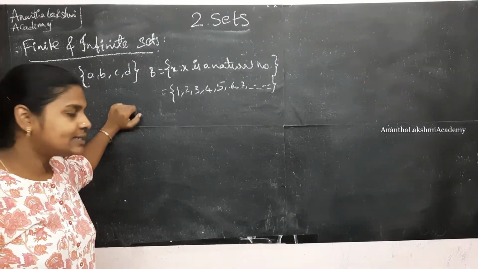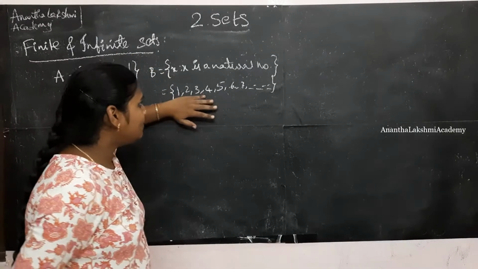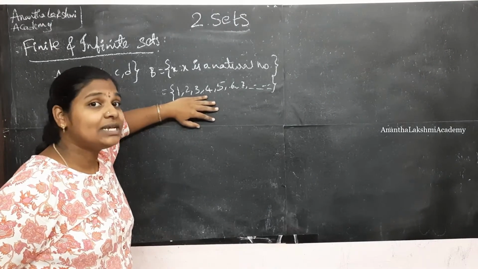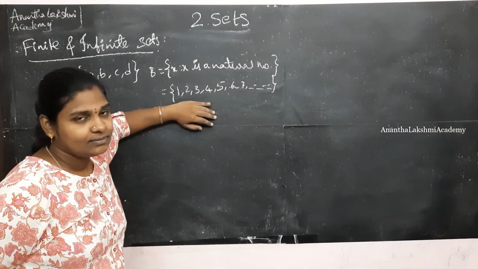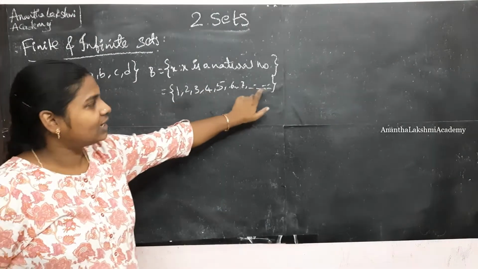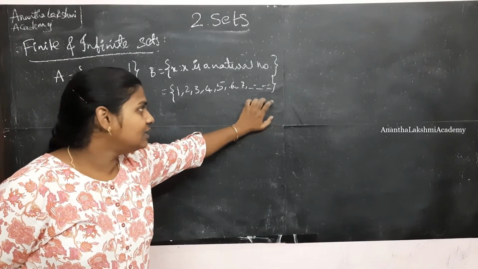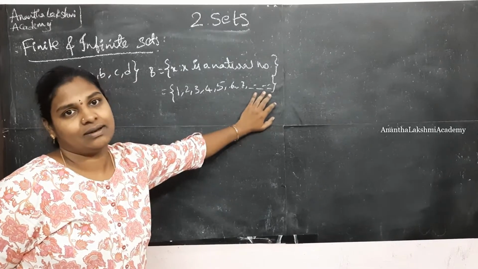What are the elements? a, b, c, d. Now if you look at set B, if I ask how many elements are there in set B, can you answer that? No. Why? Because I haven't put an end element to this. 'And so on' indicates that there is no end to this.